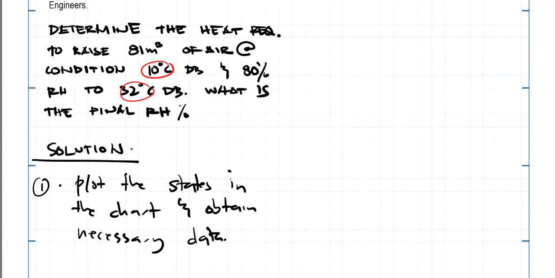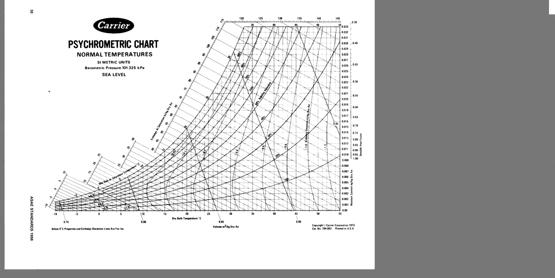Okay, so 10 degrees C dry bulb and 80% RH. That's the initial point, and the final point is 32 degrees C. Okay, so let's plot this. 10 and 80%.